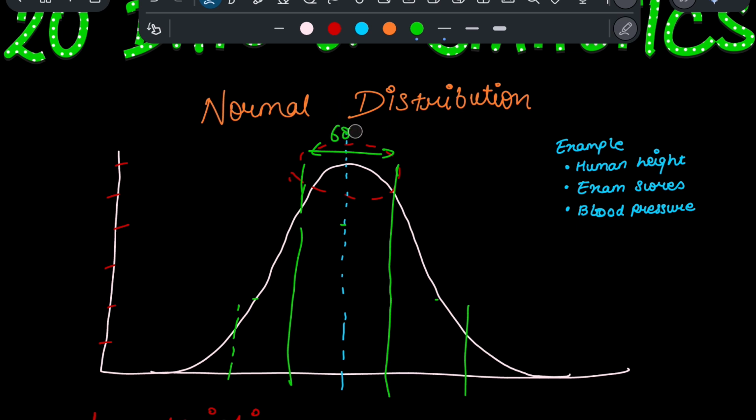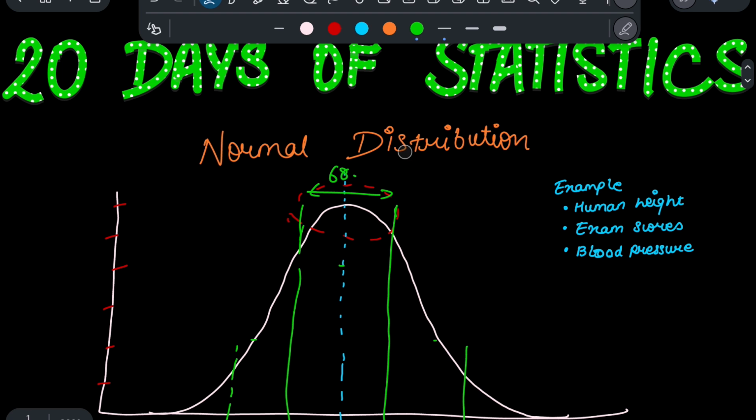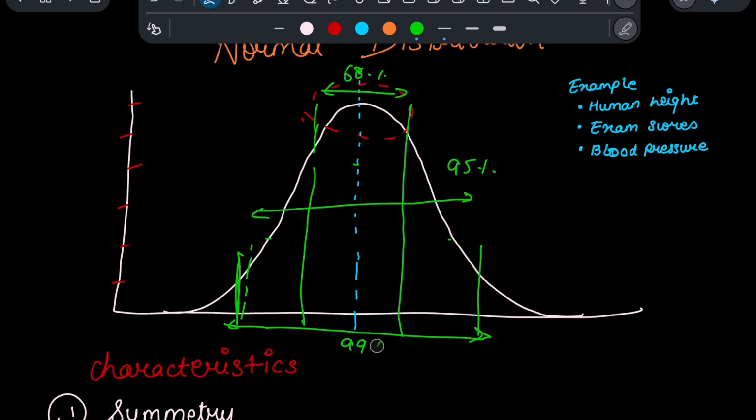This is our 68%, this one is our 95%, and there it is 99.7%. So think logically, it's very logical. 68% of the values will lie within the first standard deviation. This is your first standard deviation, second, and then third.